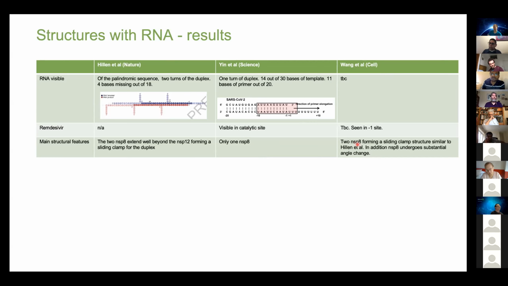The Wang et al. paper again sees both NSP8s, but in addition it also sees quite an important conformational change in the NSP8. So in some ways, the Yin et al. paper has lots of observations which are outliers from the other 2 papers, but also outliers from some of the biochemistry.